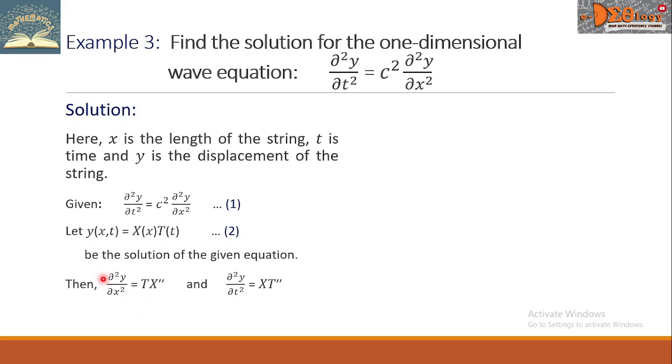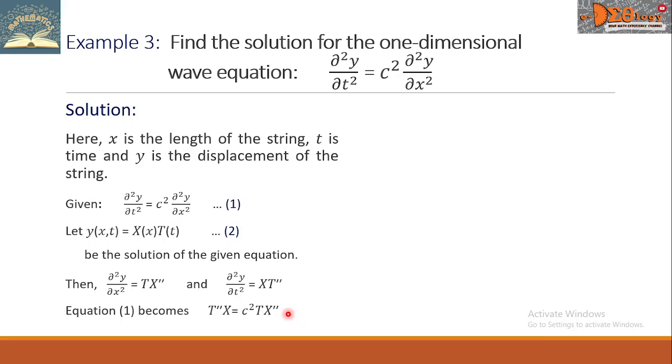Then we will take the second partial derivative of y with respect to x, and this is equal to capital T times capital X double prime, and the second partial derivative of y with respect to t is equal to capital X times capital T double prime. Then we substitute the values to equation 1. So we have now T double prime times X equals c squared times T times X double prime.